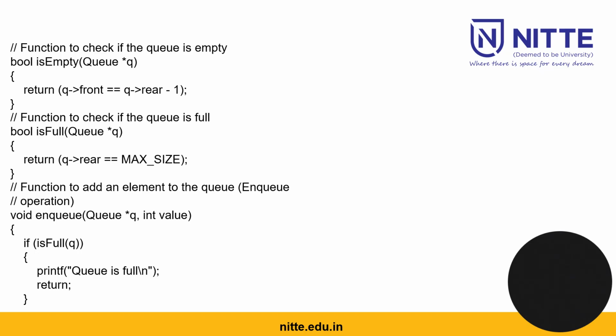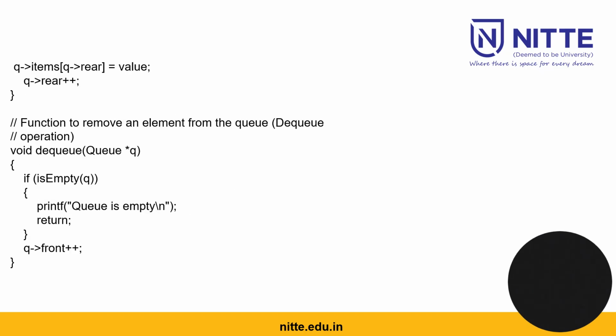Okay, then before enqueuing, first I have to check whether the Q is full. So that is why I will write isFull of Q. It will print Q is full, otherwise it will return. So if it is full, it will return.